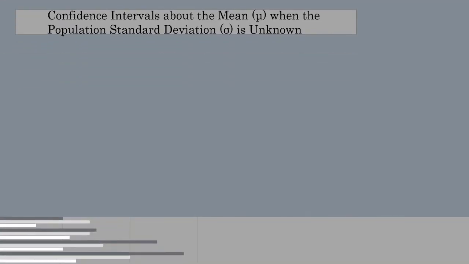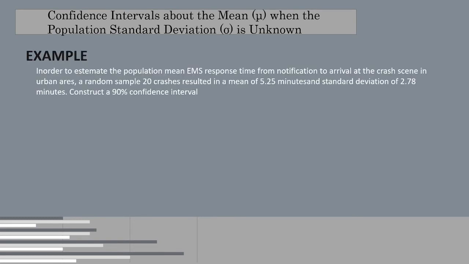Now, let's have an example for the confidence interval about the mean mu when the population standard deviation sigma is unknown. In order to estimate the population mean EMS response time from notification to arrival at the crash scene in urban areas, a random sample of 20 crashes results in a mean of 5.25 minutes and a standard deviation of 2.78 minutes.